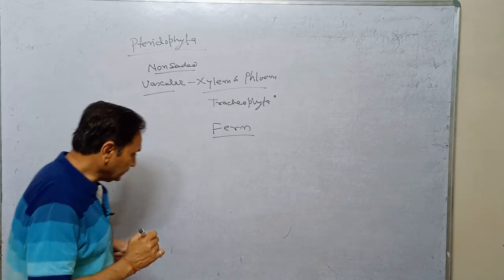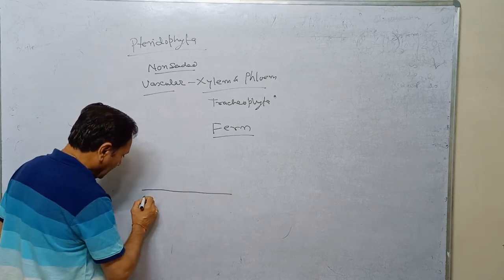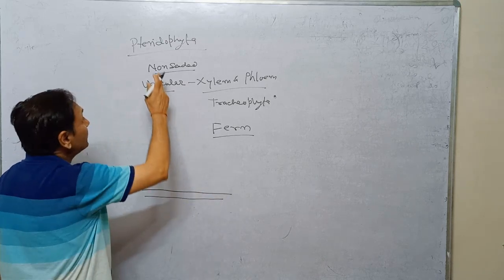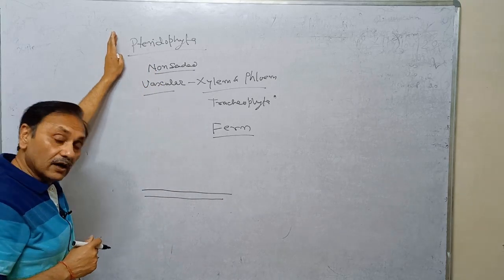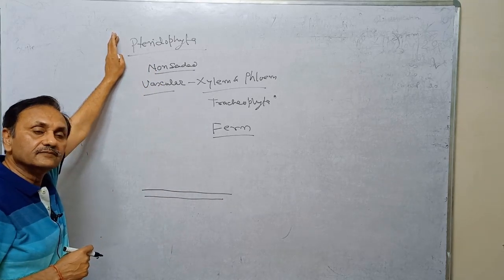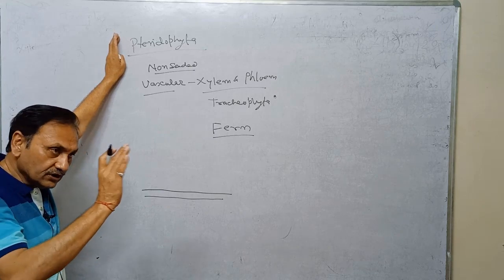In Bryophyta the plants are thallus-like. Their root, stem and leaves are not distinct.